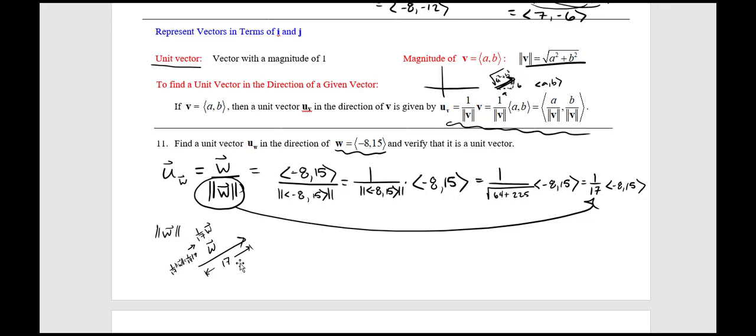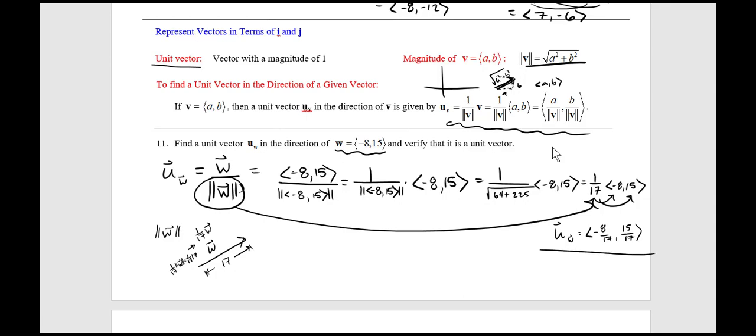It's 1/17 if the original length was 17, so that when you scale that vector down, the new length is 1. So we've gotten our unit vector. I claim that this is correct. And remember, the scalar does multiply into each component. So this is negative 8/17, 15/17.